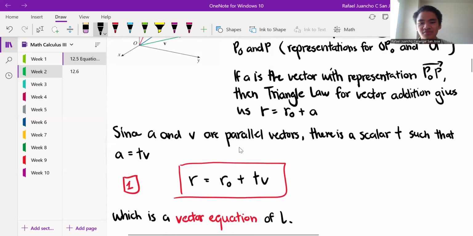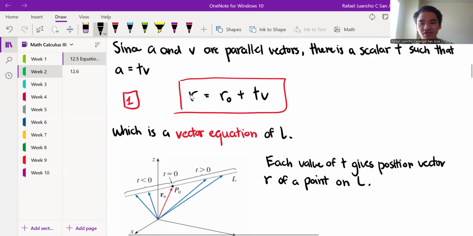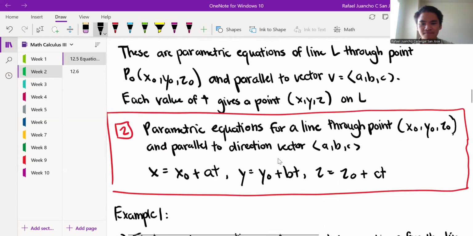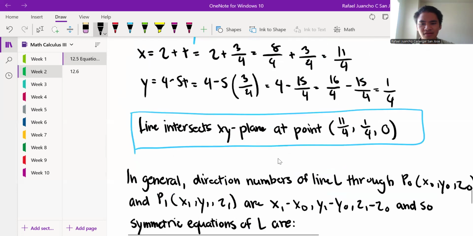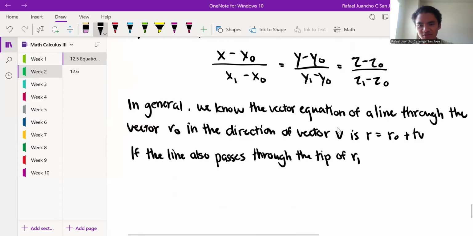Since A and V are parallel vectors, we can scale A to be T times V. And so we get this equation. The vector equation of a line through R naught in the direction of vector V is that equation we previously got.